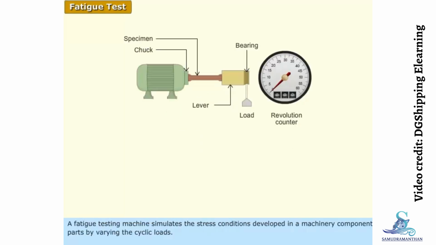A fatigue testing machine simulates the stress conditions developed in the machinery component parts by varying the cyclic loads. The magnitude of stress is changed in the machine.